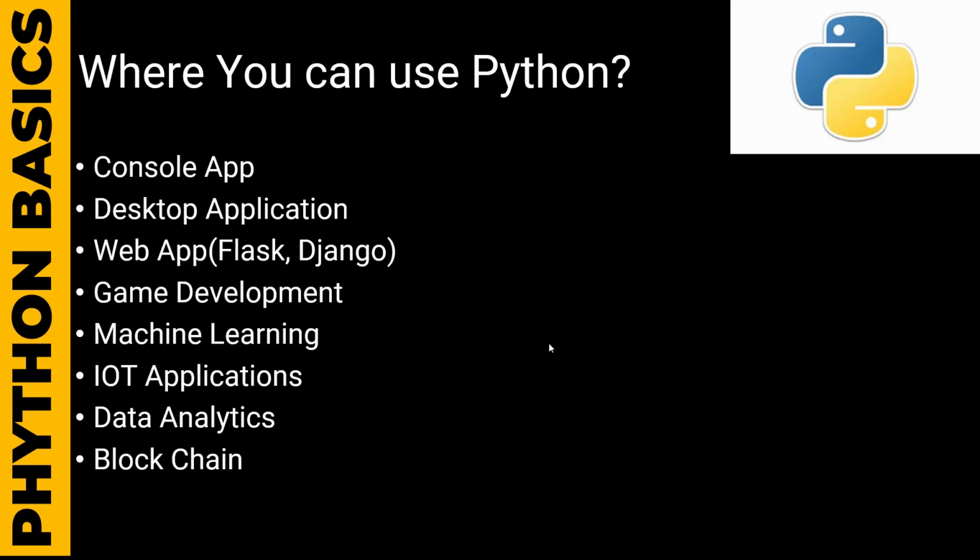And as you know, it is very much in use for machine learning and artificial intelligence. Then you can create IoT applications. You can also do data analytics, and there are lots of libraries available to analyze your data with the help of Python. Then you can also create blockchain applications with Python. So all those things are done by Python.